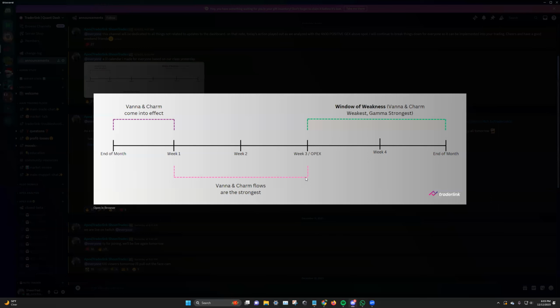After OPEX, I go back to just sticking with gamma rather than anything else. I think it's just easier that way, less noise. But when it comes to OPEX week, I watch more so for Vanna rather than gamma. That's why you see me paying attention to it, and that was the reason.